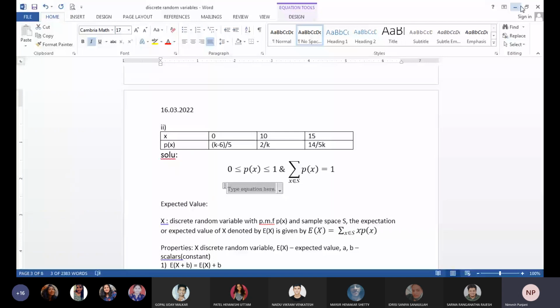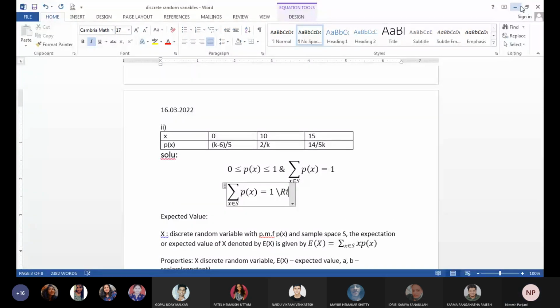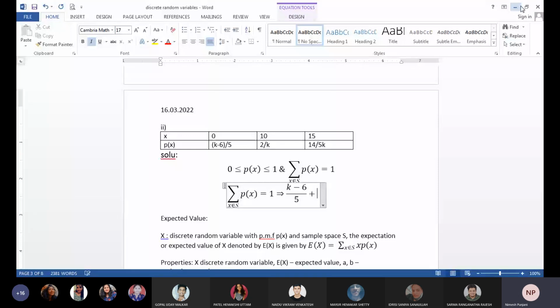So here we start with the summation of P of x equal to 1. What does this give me? This gives me k minus 6 upon 5 plus 2 upon k plus 14 divided by 5k is equal to 1.